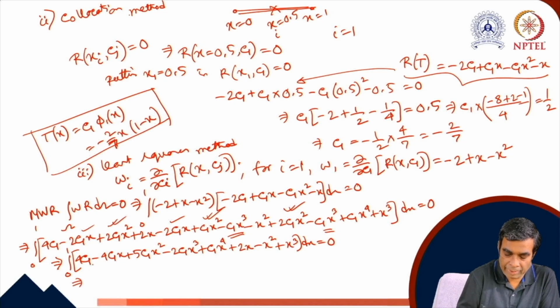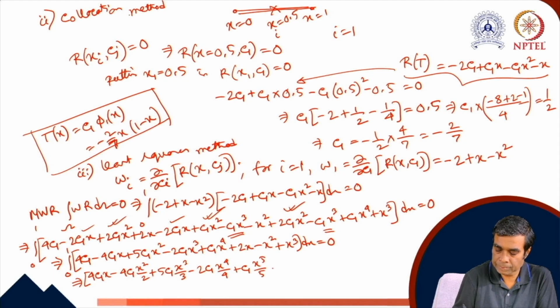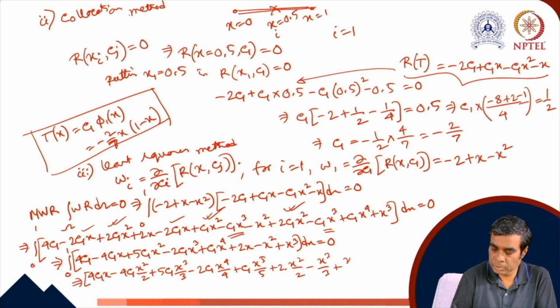Then we get from here, after performing the integration, 4c1x minus 4c1x square by 2 plus 5c1x cube by 3 minus 2c1x to the power 4 by 4 plus c1x to the power 5 by 5 plus 2 into x square by 2 minus x cube by 3 plus x to the power 4 by 4, from 0 to 1, this is 0.